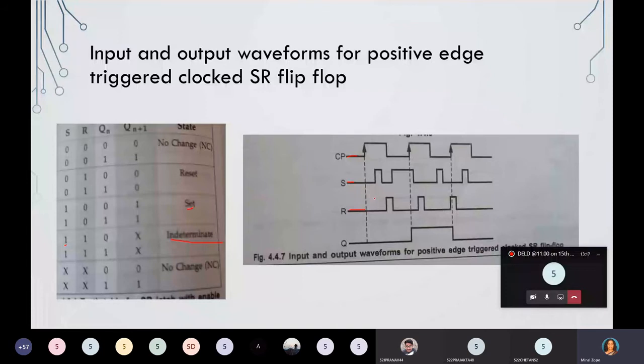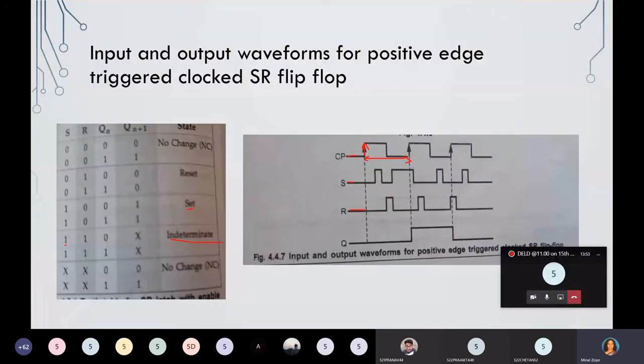Now see when the flip-flop is going to change its state, means when you will get the next state. When your clock pulse is triggered from 0 to 1, at this moment your flip-flop state is going to change. For the first clock pulse, once the state is changed there will be no change for the rest of the pulse.